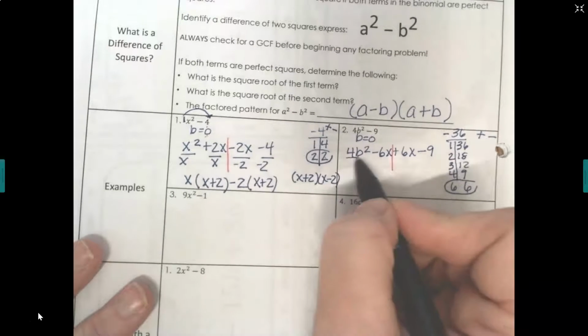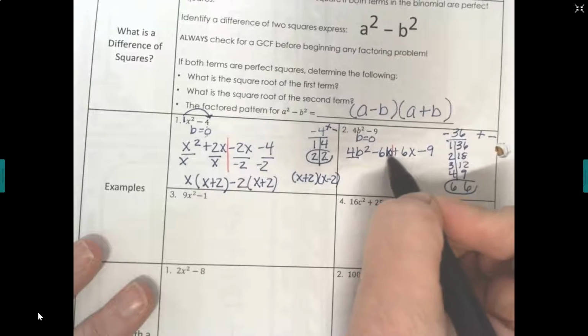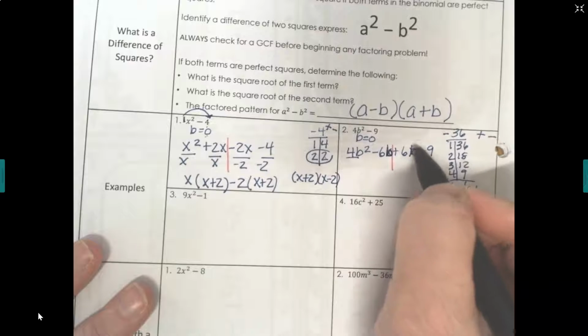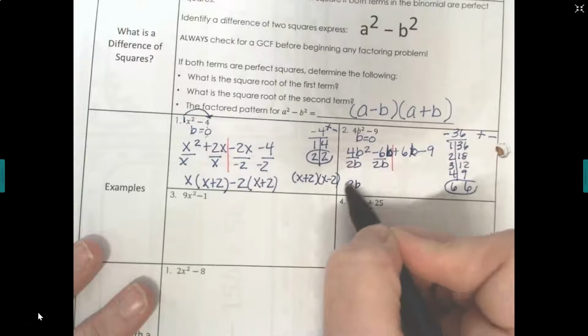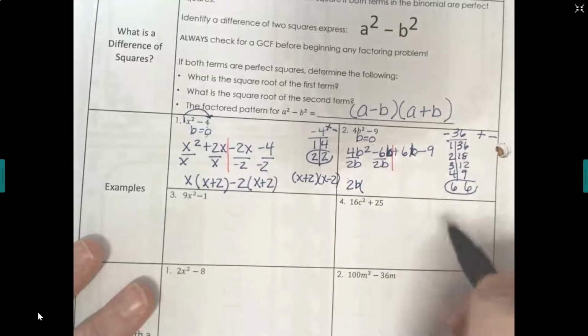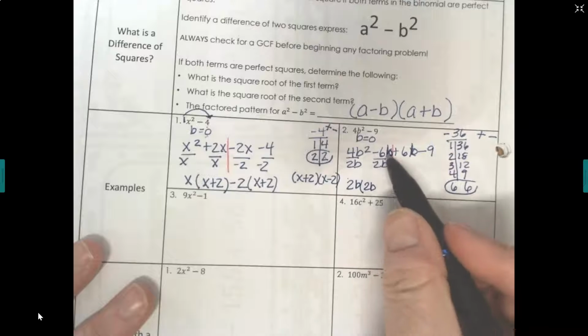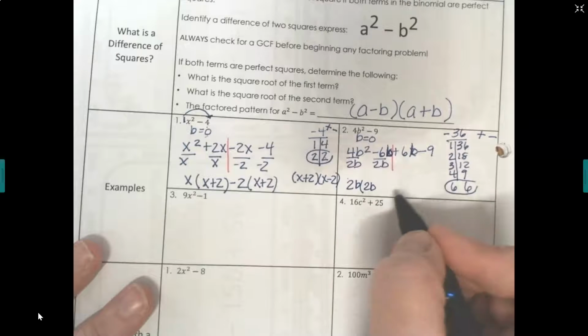On the left, these should be b's, sorry. There's a 2 and a b in common, so our GCF will be 2b, and we'll be left with 2b, and then minus 6b will be minus 3.